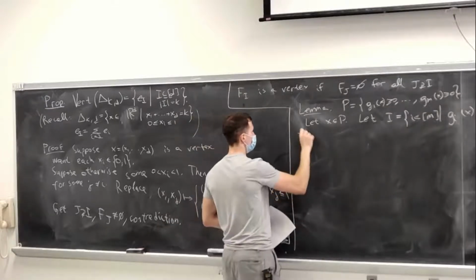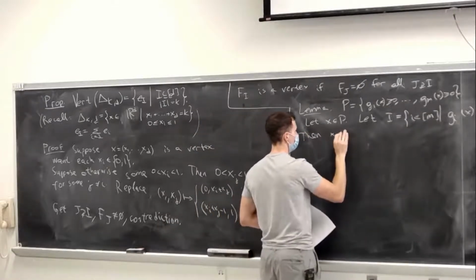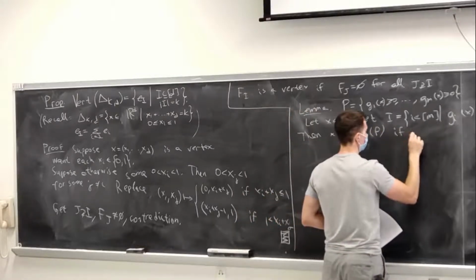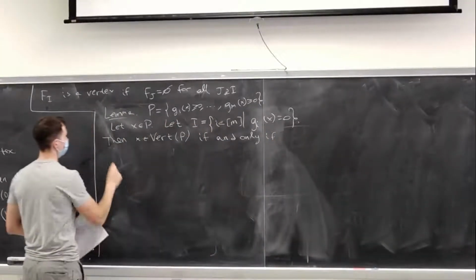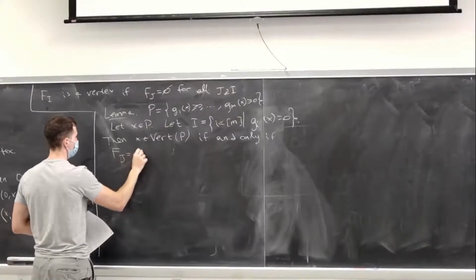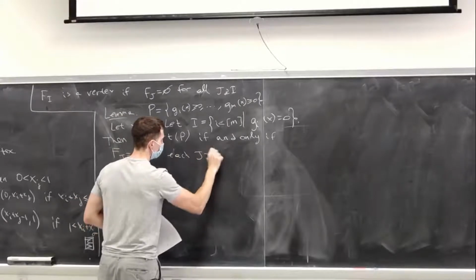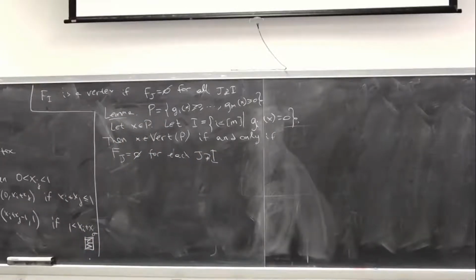Then x is a vertex if and only if F sub J is empty for each J not containing I. So this is the lemma I'm using here. Okay, proof exercise.